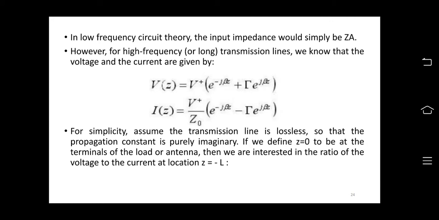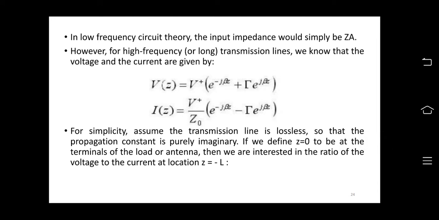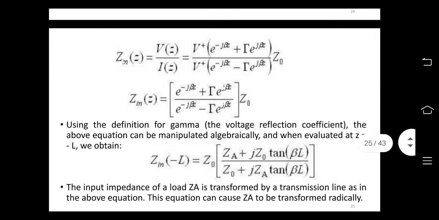If we define Z equals 0 to be at the terminals of the load or antenna, then we are interested in the ratio of the voltage to the current at location Z equals minus L.